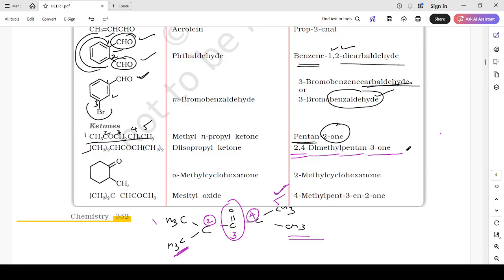Pentan-3-one. Next one. 1, 2. The second carbon I have methyl. 2-methylcyclohexanone. Next compound, mesityl oxide.